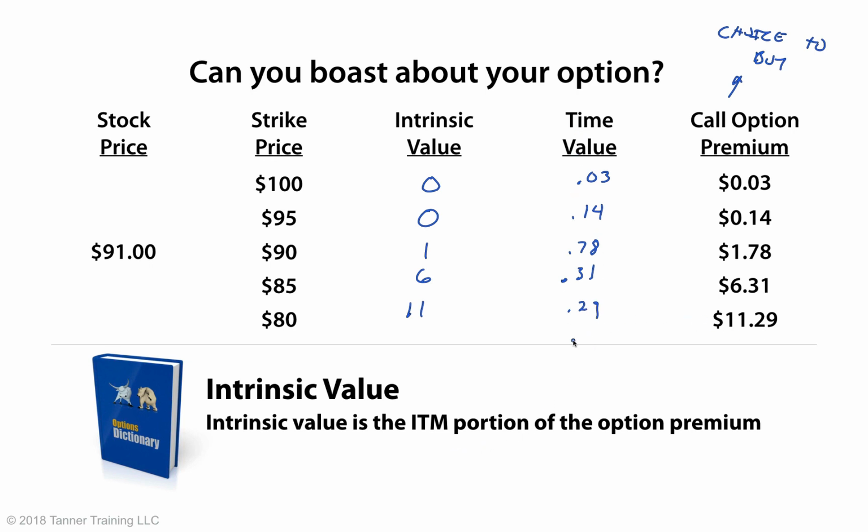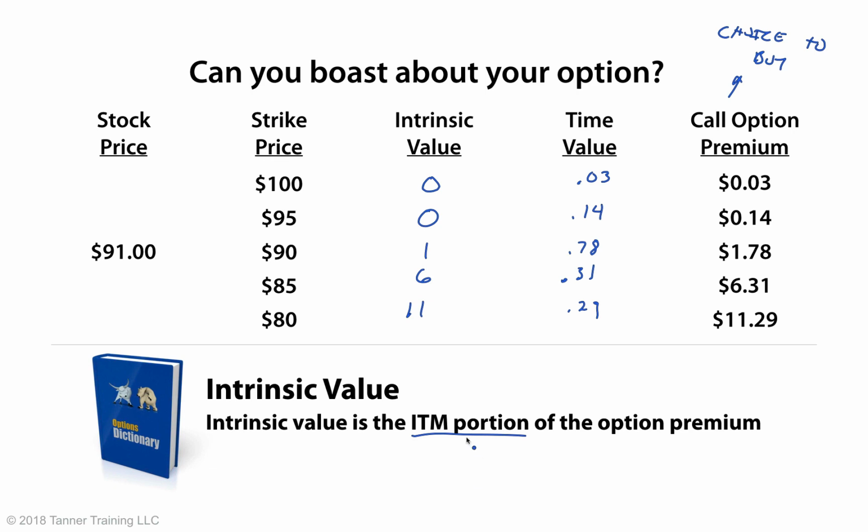So it's very, very, very important to begin to wrap our head around options and understanding the intrinsic value of an option and the time value of an option, and which ones are more likely to become valuable, and how much we're paying for real stuff and how much we're paying for the clock ticking away. So basically the intrinsic value is what we call the in the money portion of the option premium.